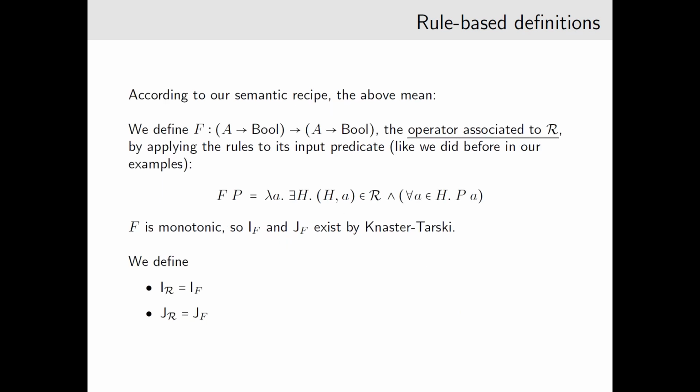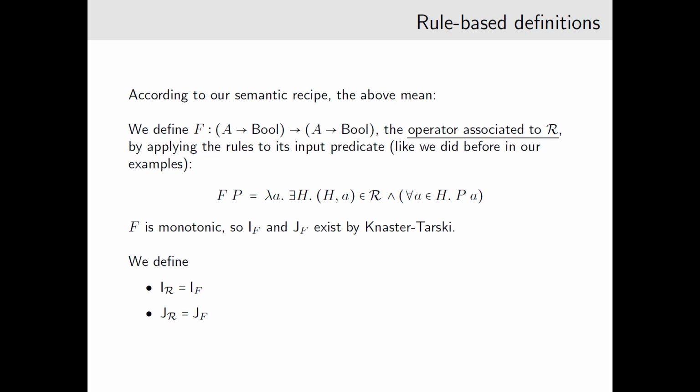So what is the semantic recipe in this context? We define this functional, this operator on predicates, this F, that is the operator associated to the set of rules R. And this is because you have asked about whether this is automatic or not. This is essentially what happens.